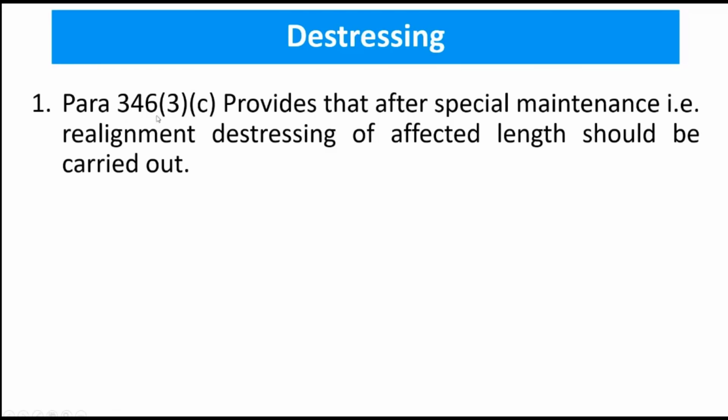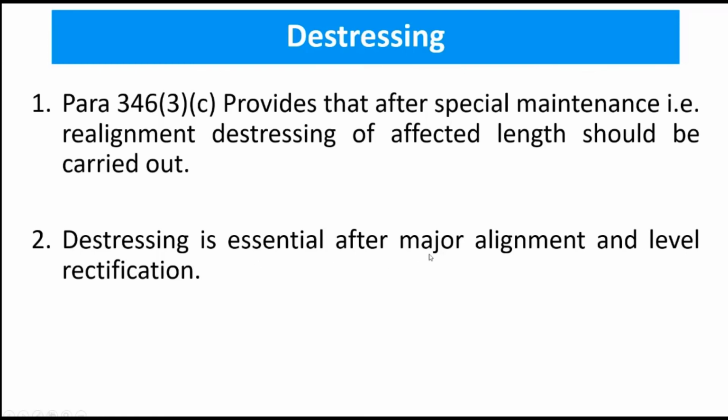This is para 346 3C of the Indian Railway Permanent Way Manual. It says that after special maintenance such as realignment, regrading, we have to do the de-stressing of the affected portion.